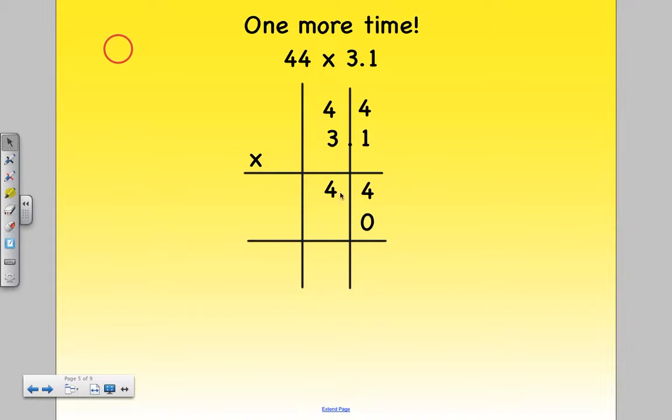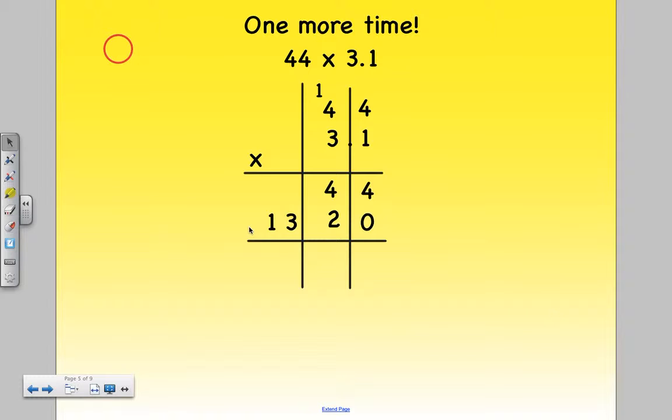So 3 times 4 is 12. Put my 2 down below and carry my 1. And then 3 times 4 again, which I just said was 12, but this time we have a plus 1. So 3 times 4 is 12, plus 1 is 13. My whole 13 is going to go over here.